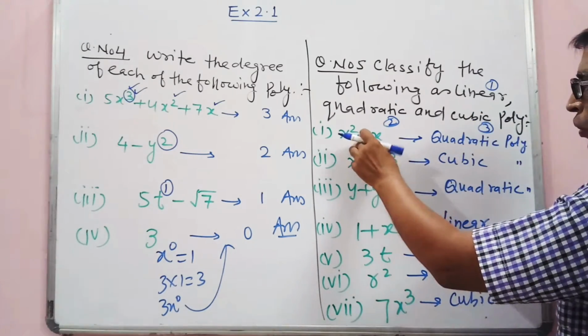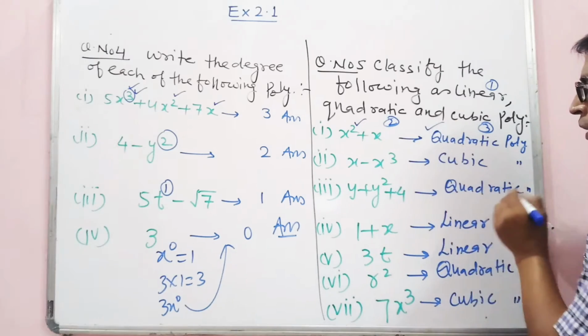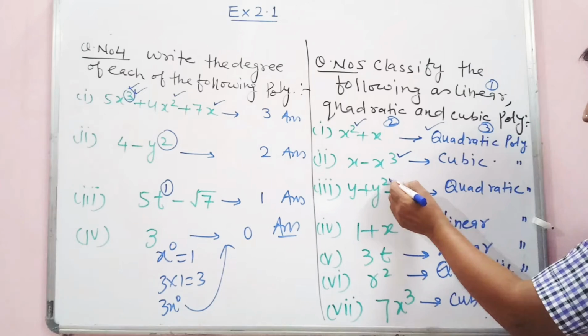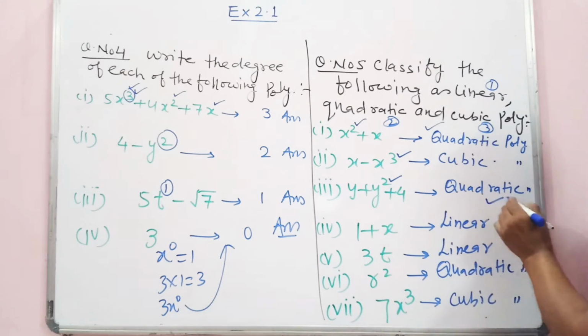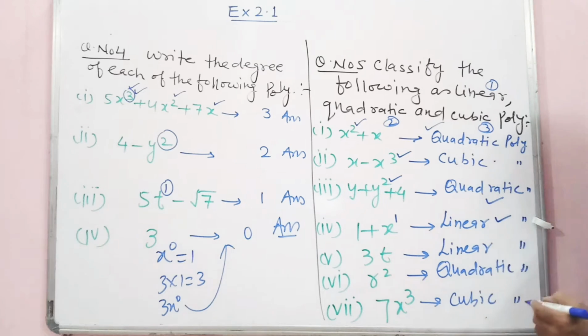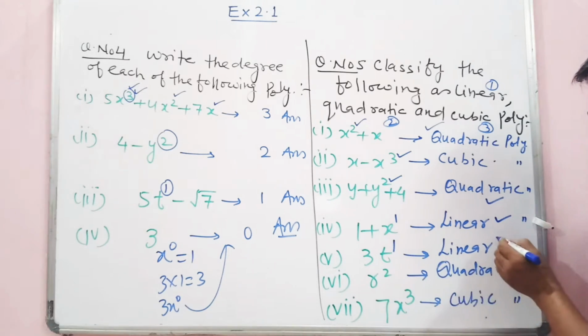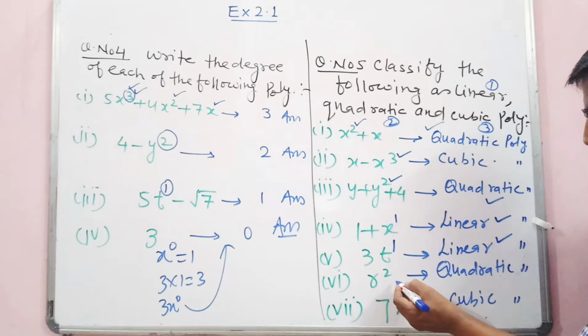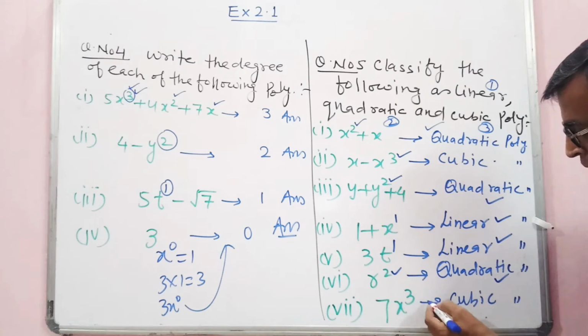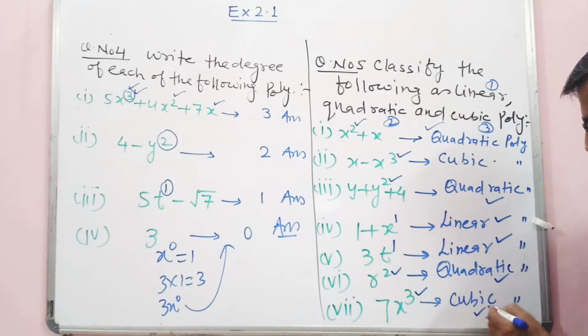Now here the power 2 is there, then we write quadratic. Here the highest power is 3, then we write cubic. Here highest power 2, we write quadratic. Here the highest power is 1, we write linear. Here the highest power 1, linear. Here the highest power is 2, quadratic. Here the highest power is 3, then we write cubic polynomial, answer.